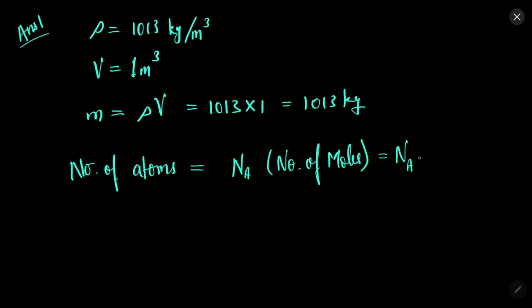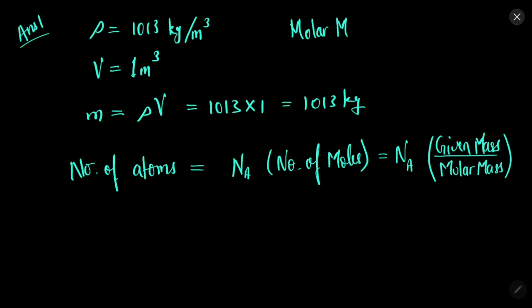Now number of moles can be found out by given mass over molar mass. So the molar mass for sodium is 23 gram, and also we need to take this mass in gram. So 1013 into 10 to the power 3 gram.